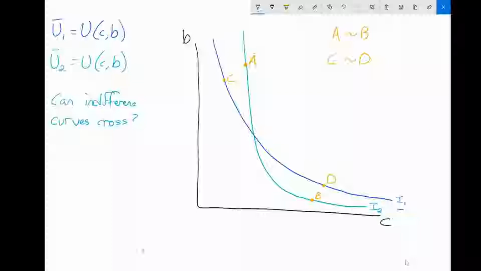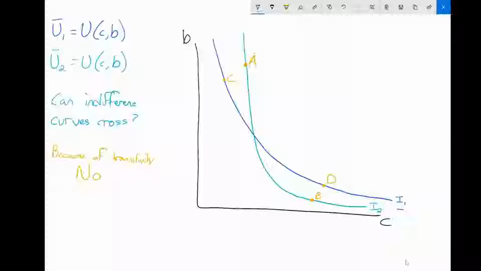All right, well, I will go ahead and spill the beans, and that is because of transitivity, no, they cannot cross. Why? Well, let's demonstrate. Now, by looking at this indifference curve, we know some things.